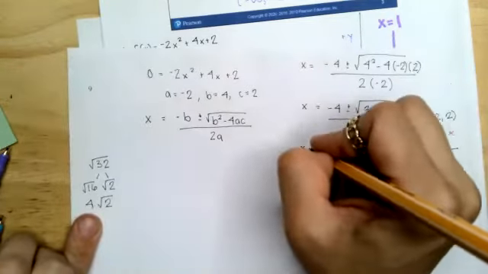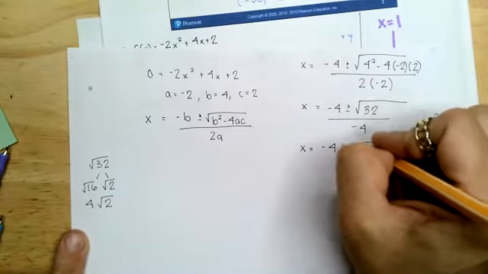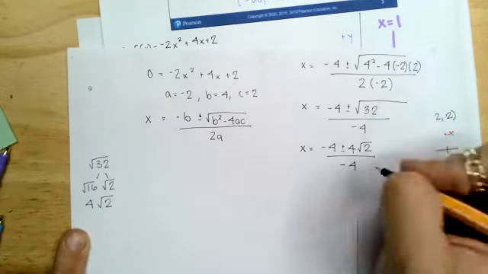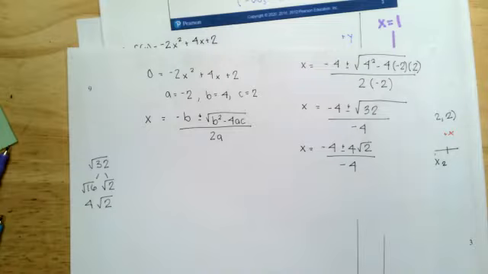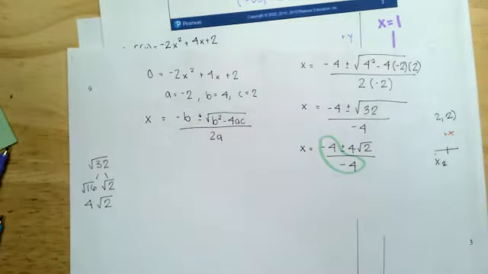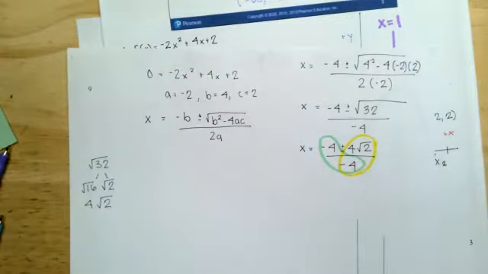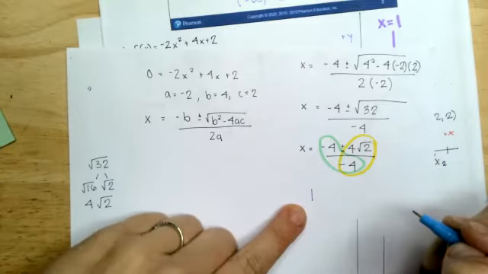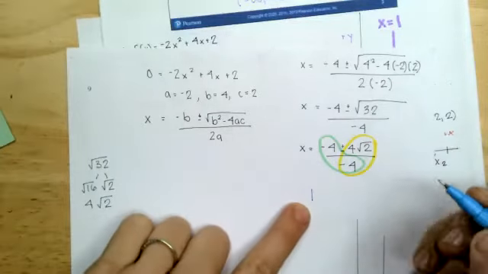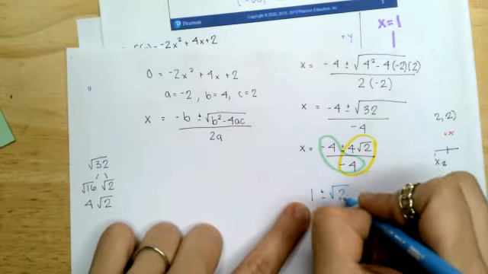I'm now going to call this x equals -4 plus or minus 4 square root of 2 over -4. Okay? Now, separate it out. -4 divided by -4, and then 4 square root of 2 divided by -4. -4 divided by -4 is just 1, okay? 4 square root of 2 divided by 4 is just square root of 2, right?